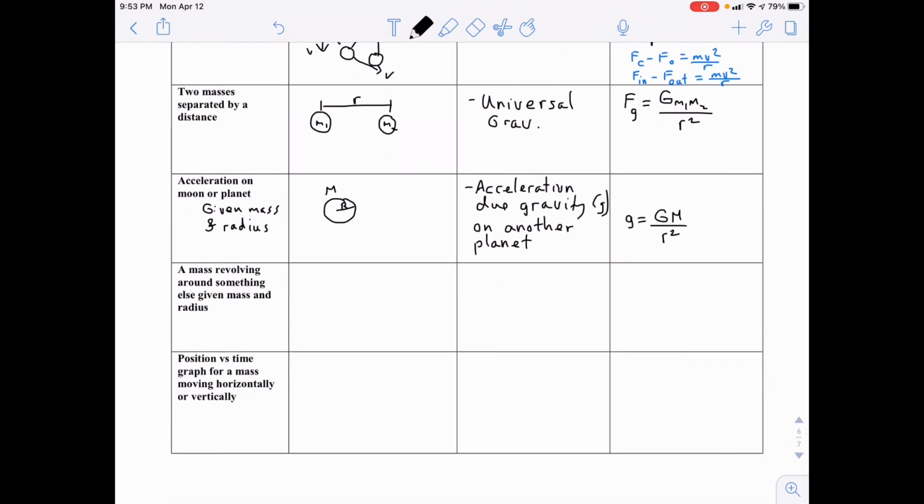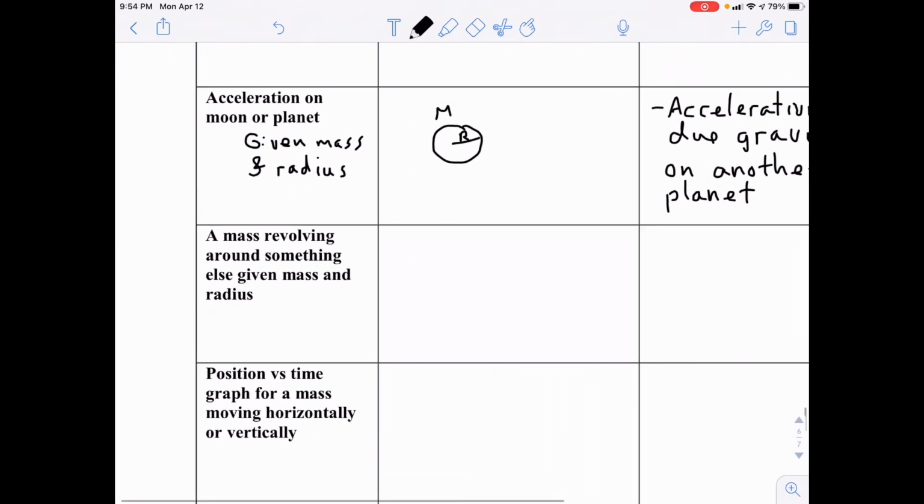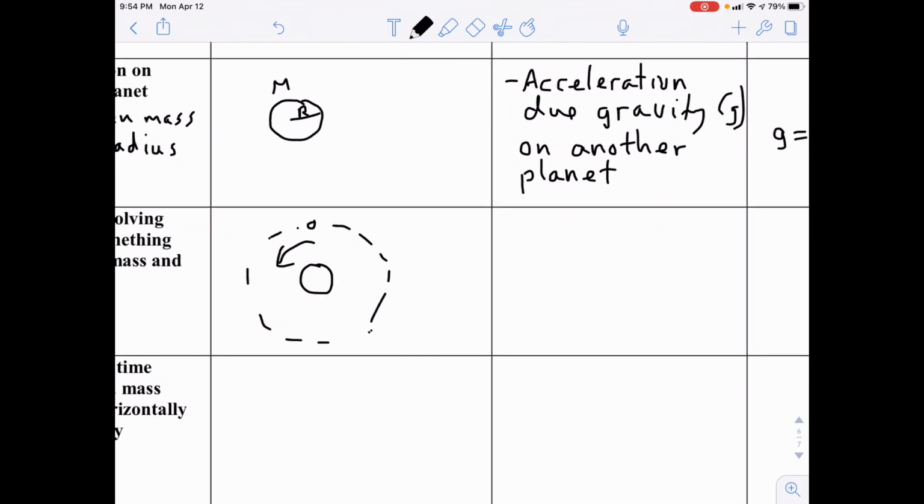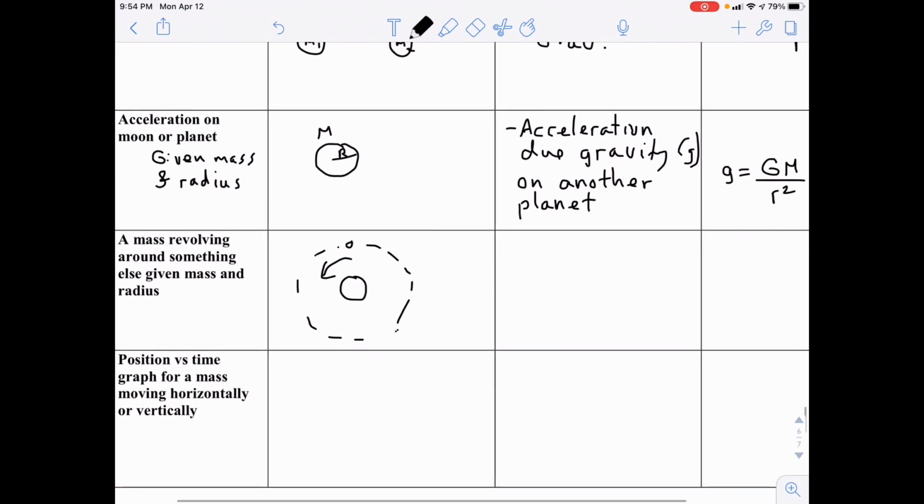Okay, now let's say in the next example we have a mass that is revolving around something else, and you're given a mass and radius in this. So let's say it's going like that. Well, there are several concepts that could relate to this.